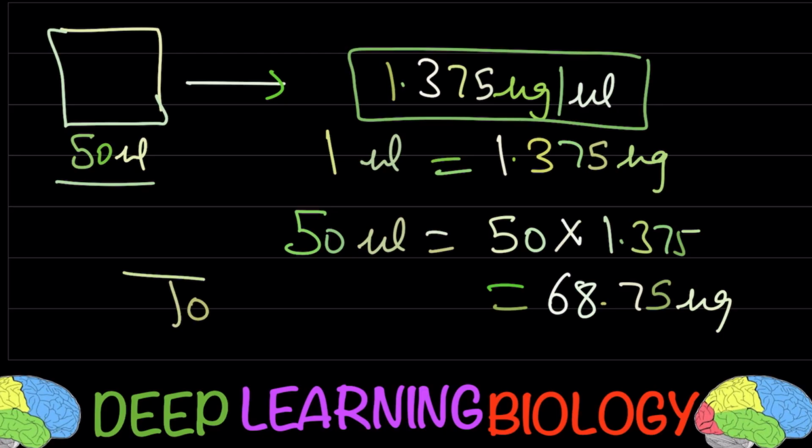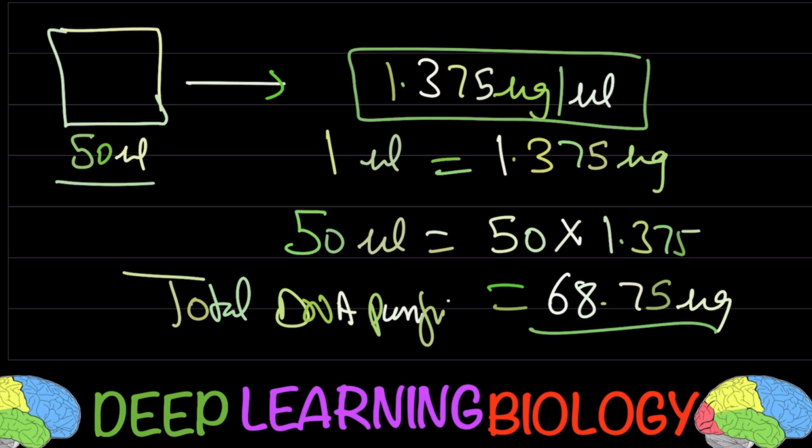So the total DNA purified was 68.75 microgram. Now you can also calculate the total DNA you have. You have used 20 microliter for quantification. Now how much are you going to have? Now 30 microliter.